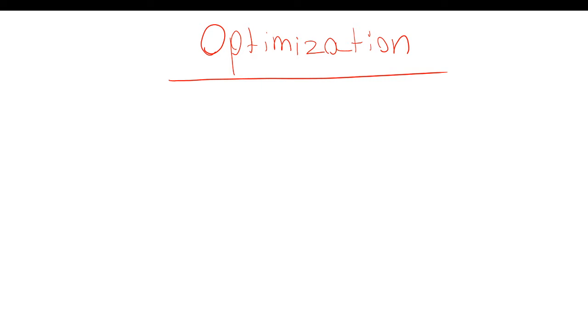We don't need calculus. These are just problems where we're trying to find the minimum value or the maximum value of something, whether it be an expression, an equation, or some logic problem. There are lots of different applications of optimization.